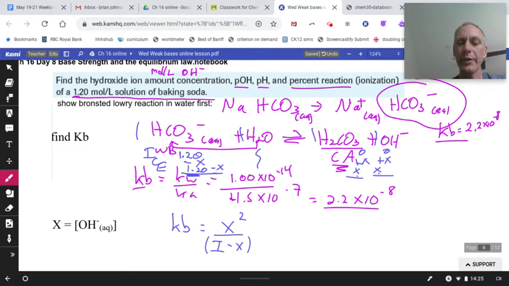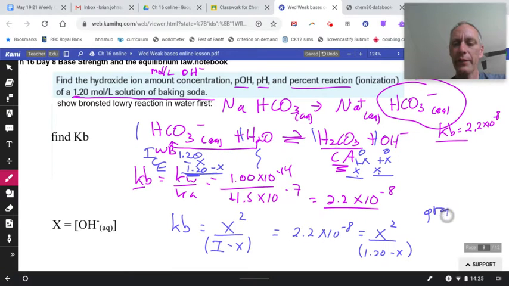Okay, so we solved for Kb already, 2.2 times 10 to the minus 8, and we need to solve for x squared, and our initial is 1.20 minus x. So there it is. Graph it and solve for x.